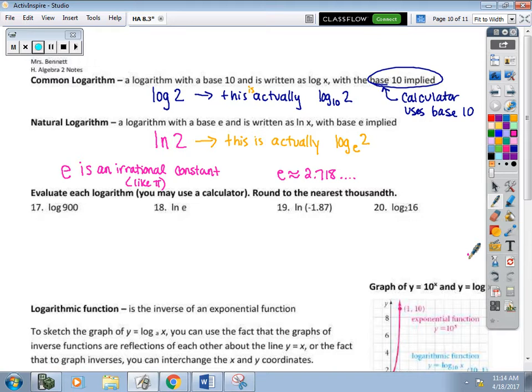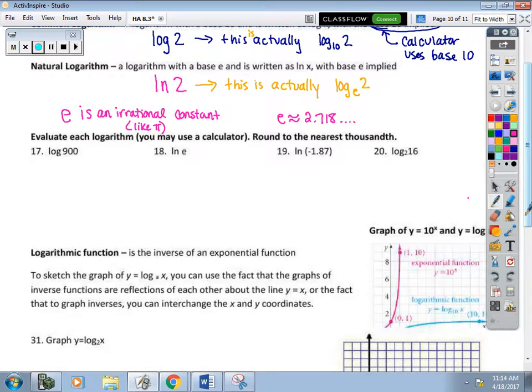All right, so number 17 through 20 say that we are to evaluate each logarithm, and we may use a calculator for these. So again, since this is log of 900, this is really log base 10 of 900. So you could try doing it by hand if you want to. If we're evaluating this by hand, I would set this equal to x.